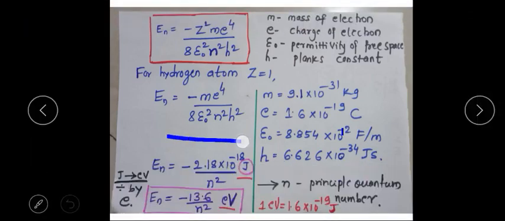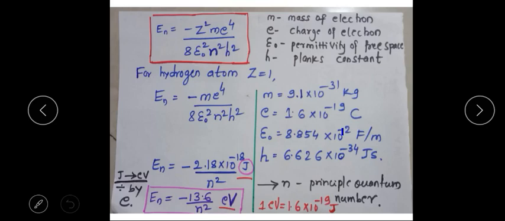By substituting and solving, we get minus 2.18 into 10 to the power minus 18 divided by n square joule.